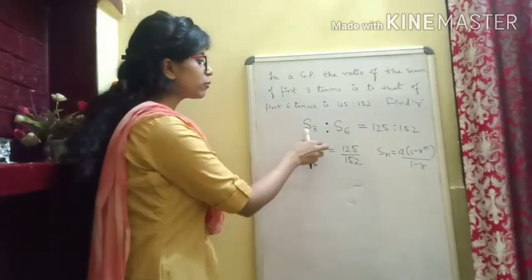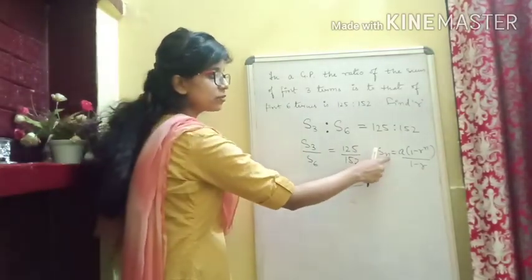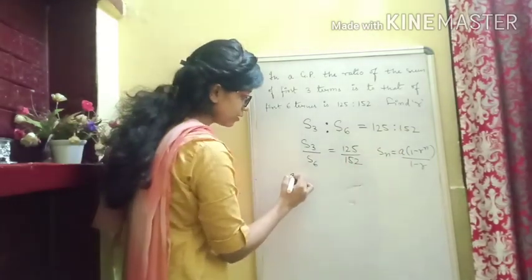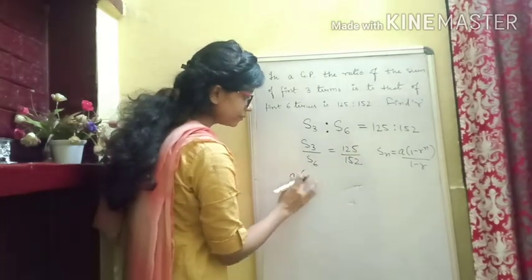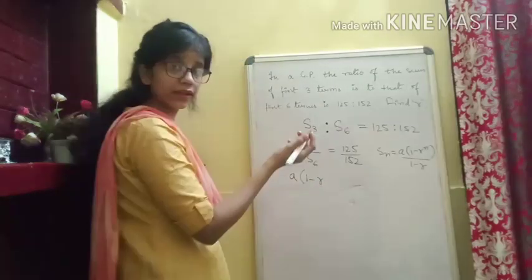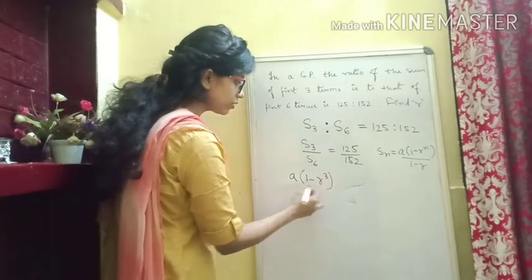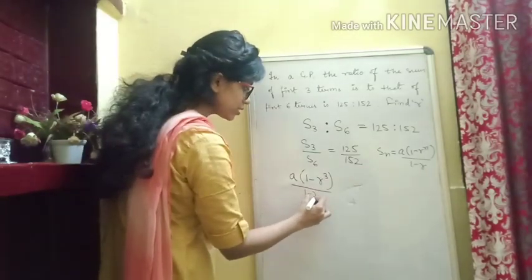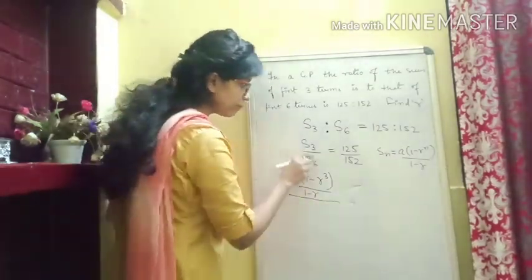So let us apply the formula for S3. Hope you can apply the formula. For S3, n is 3. According to the formula, what should we write? a into (1 minus r to the power n), with n here being 3, so r to the power 3, upon 1 minus r. Is it okay? Upon this whole thing divided.